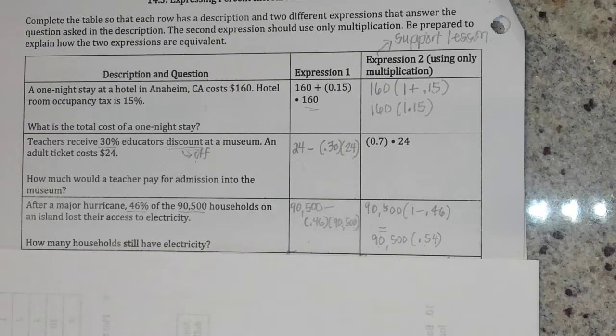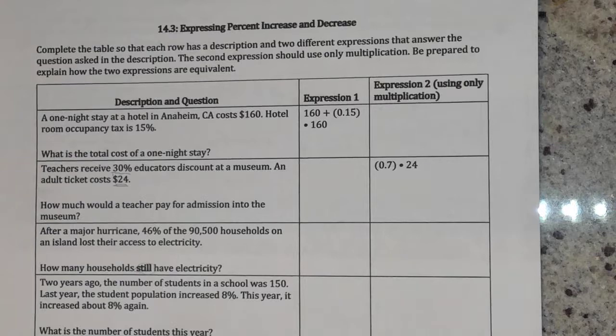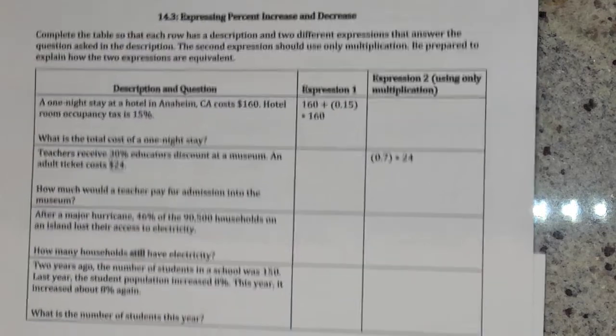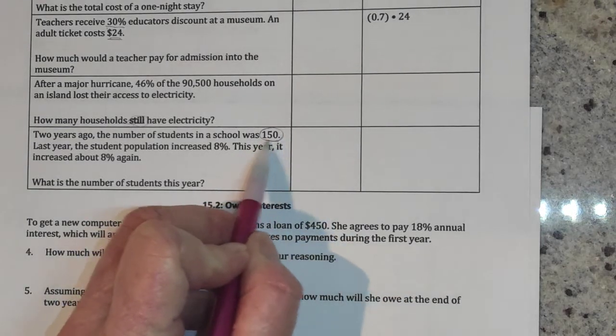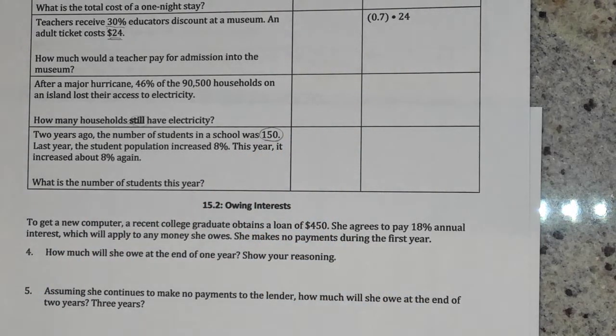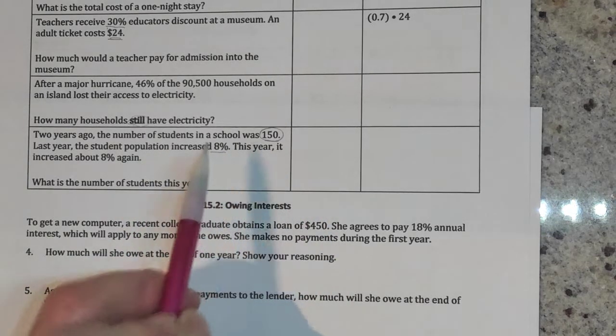Okay, so moving on to the next one that we have here. I like this problem because it ties in exponents or exponential growth. So two years ago, the number of students in the school was 150. So obviously this is our original amount. Last year, the student population increased 8%.